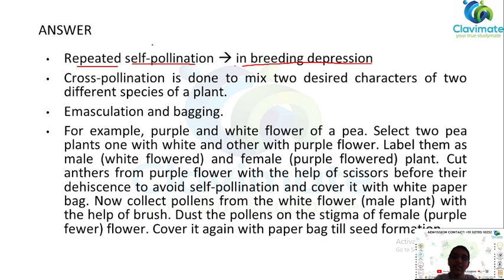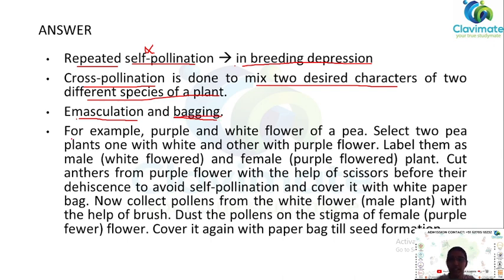That's why self-pollination is not advisable. Naturally, cross-pollination occurs in plants, but we can have it man-made also. That is emasculation and bagging. In cross-pollination, you mix 2 desired characters of different plants by emasculating and bagging.